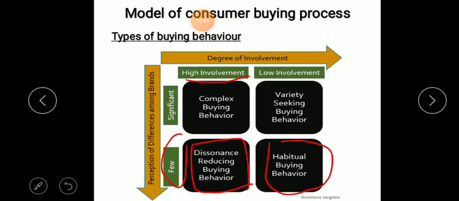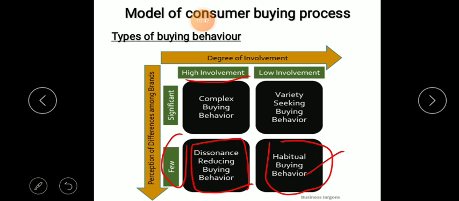For example, whenever you are purchasing something like salt, sugar, or maybe matchsticks, the price per unit of these products is very low. So that is why we also see that there are very few differences among brands. So the type of buying behavior that is exhibited is known as habitual buying behavior.